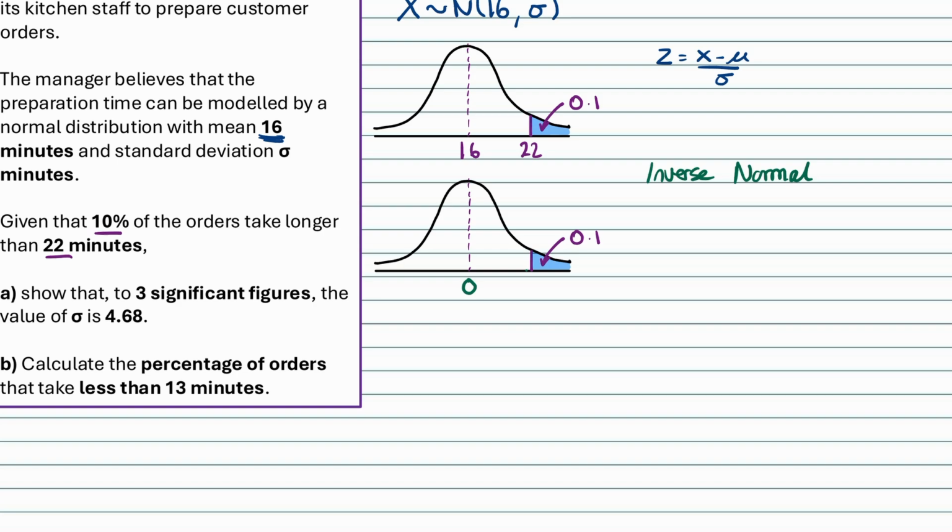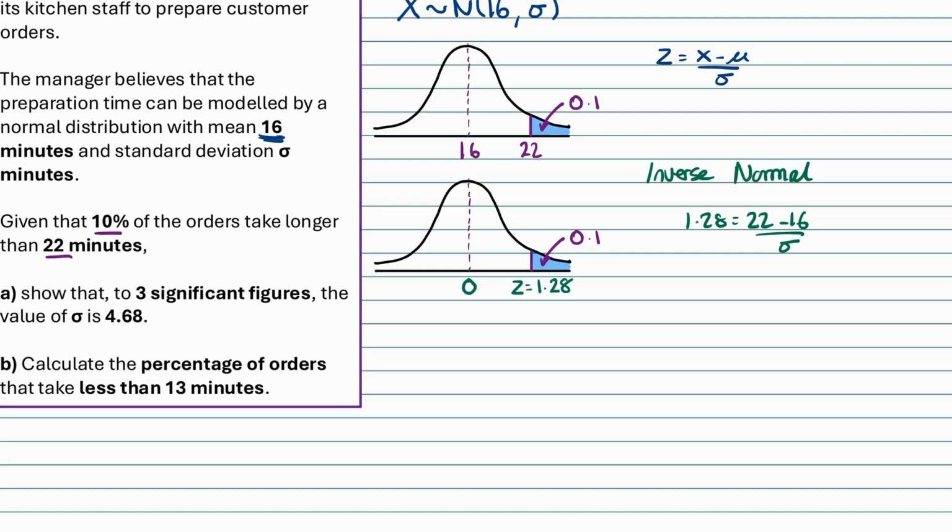So I'll write this on the curve as z equals 1.28 to 2 dp. So now we've got the z value here, we can substitute this into the equation. So we've got 1.28 will equal the x value, which is 22, minus mu, which we know is 16, over the standard deviation.